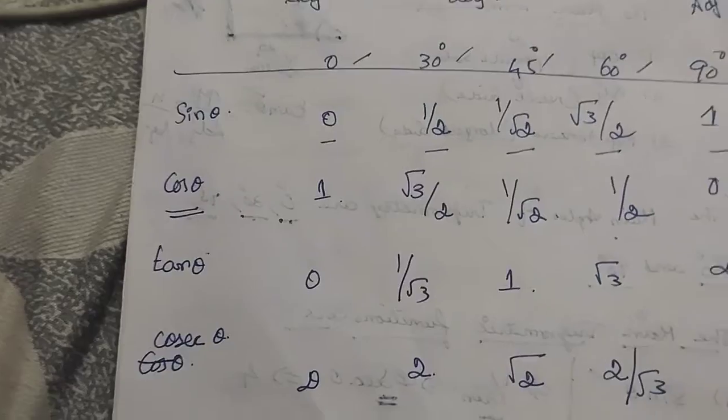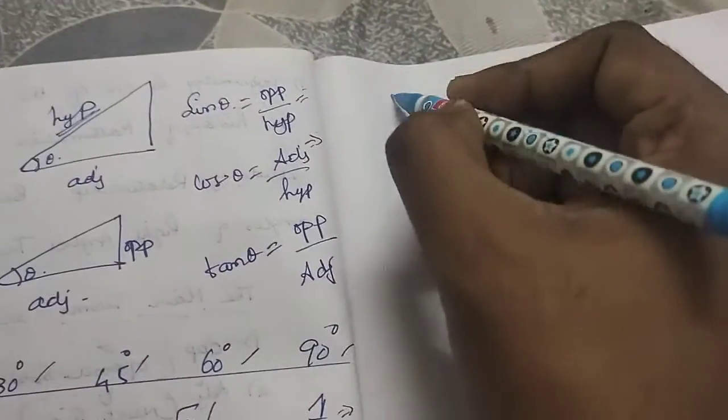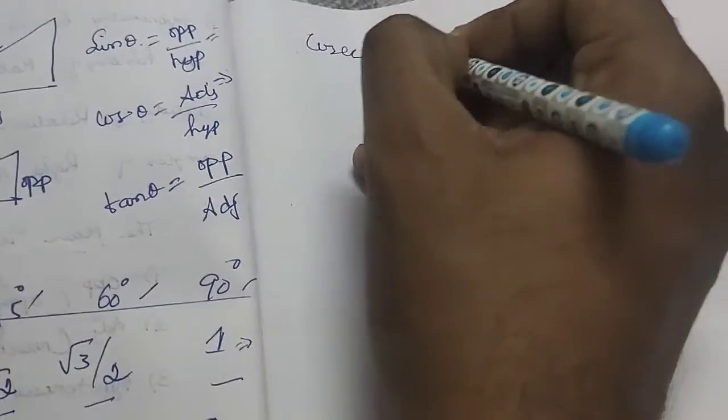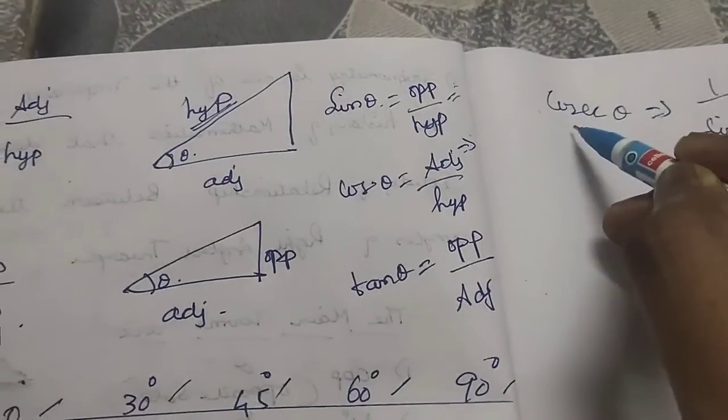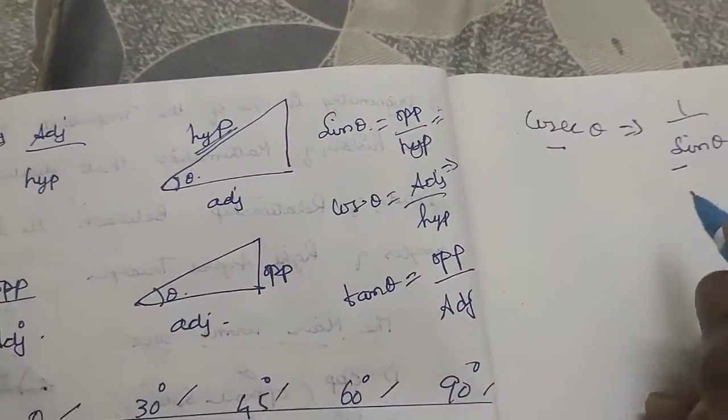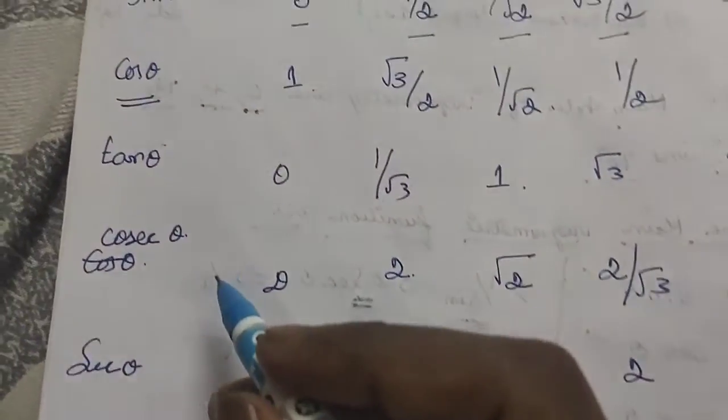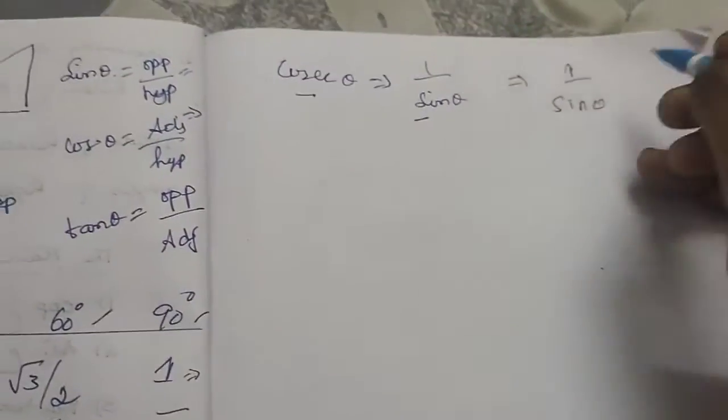Next cosecant theta. I already showed you cosecant theta is equal to 1 by sin theta, because sin comes in the third letter. Cosecant theta means 1 by sin theta, so 1 by sin 0.